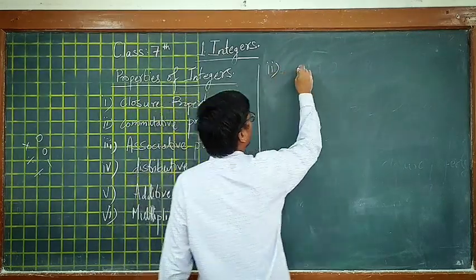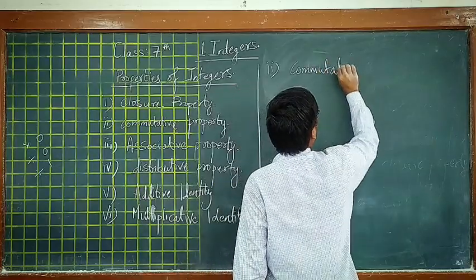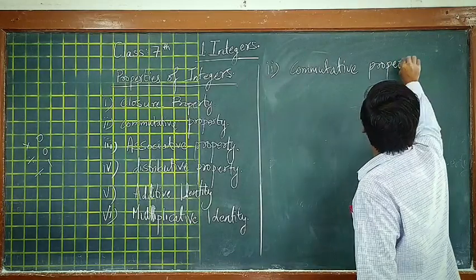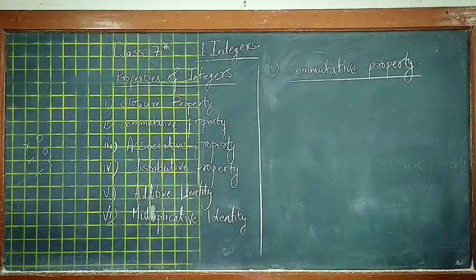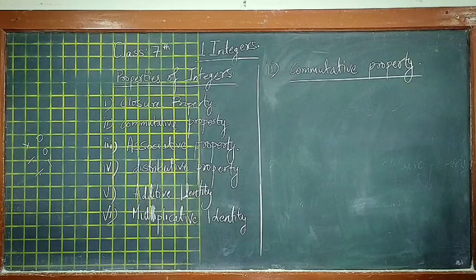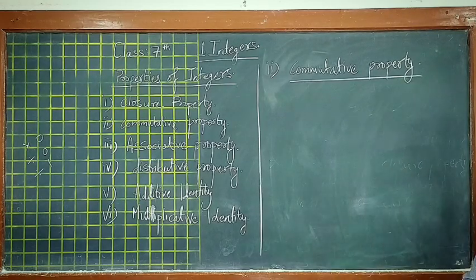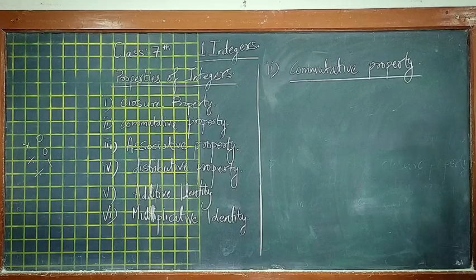The commutative property says that we can operate on two integers in any order. Order means changing their places. Let us verify this property for addition of integers.